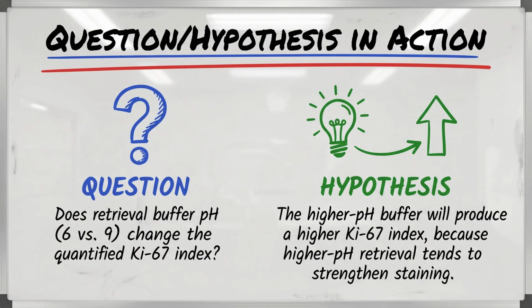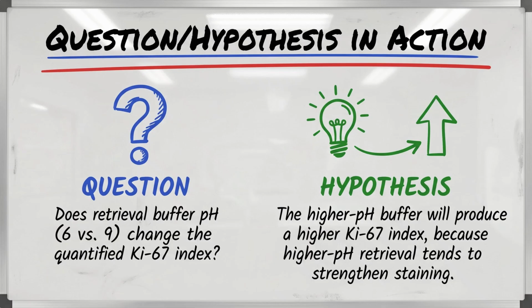Here we see how a research question or hypothesis directly follows from your objectives. For example, if your objective is to determine the optimal pH for antigen retrieval, your question might be, what is the optimal pH for antigen retrieval in formalin-fixed tissue? Your hypothesis would then be a specific prediction, like a pH of 9.0 EDTA buffer will yield the strongest antigen retrieval signal for Ki67.